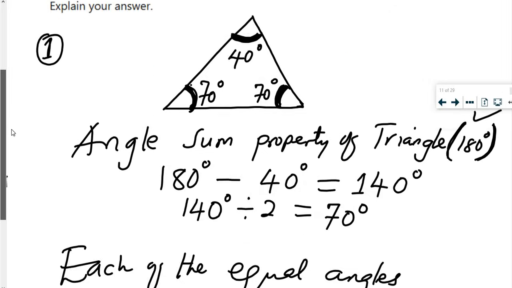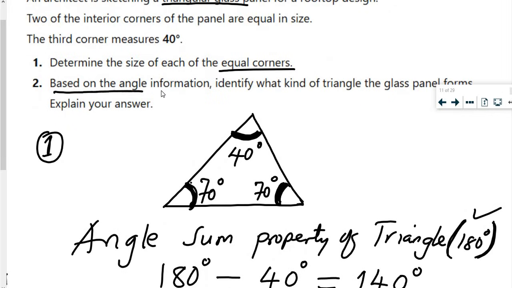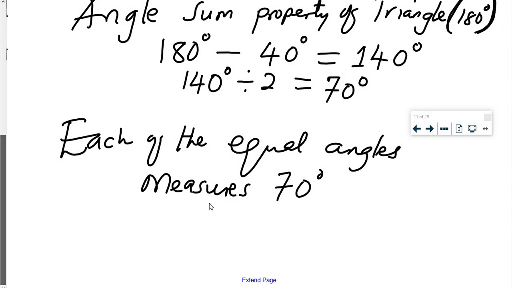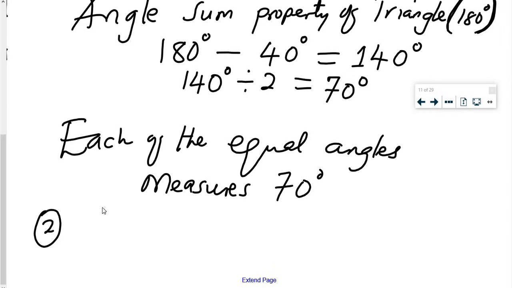Now, next question. Basing on the angle information, identify what kind of triangle the glass panel forms. So we'll say here, question number 2.